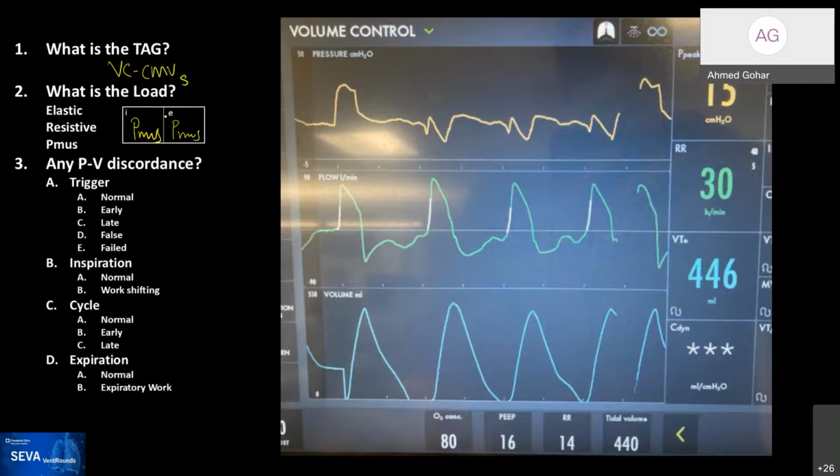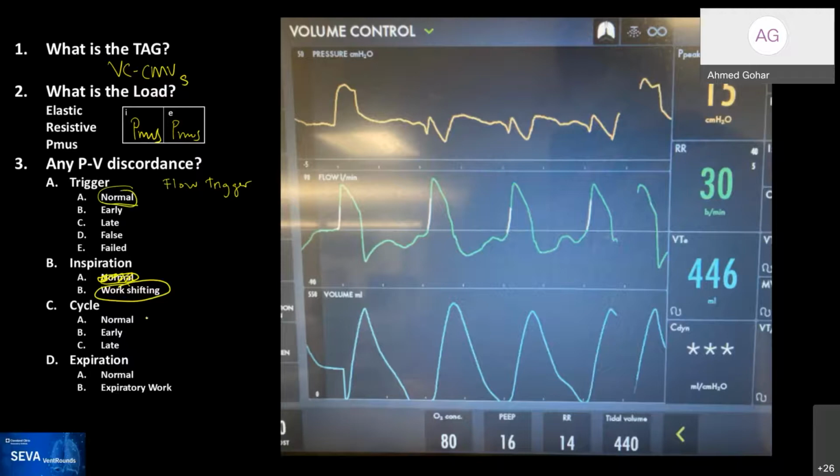And then in terms of PV discordance, trigger seems to be appropriate. It's flow triggered. And in terms of inspiration, there is significant work shifting. And then in terms of cycling, there's an inspiratory effort in expiration every single time.